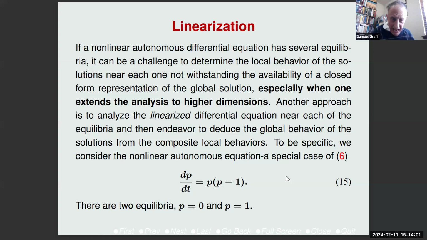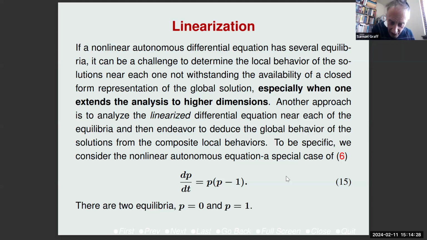Okay. And I say, well, look, the Malthusian model was so simple. Let's see if we can determine the local behavior about the equilibria, in this case, P equals 0 and P equals 1, just by looking at the linearized differential equation. In other words, treating the right-hand side as a finite power series and only taking the linear term.